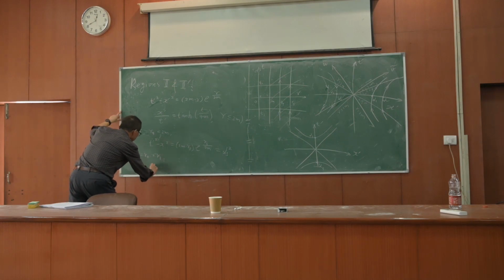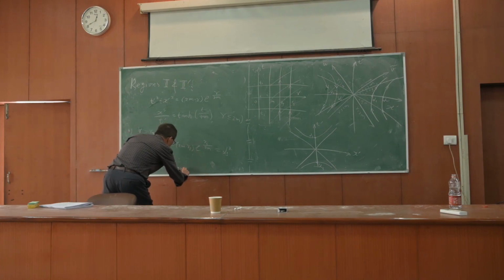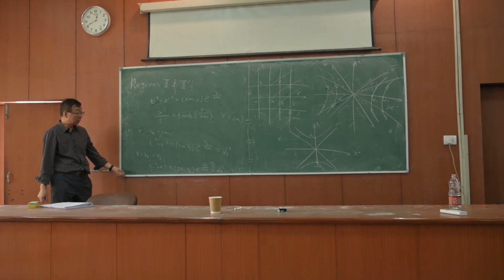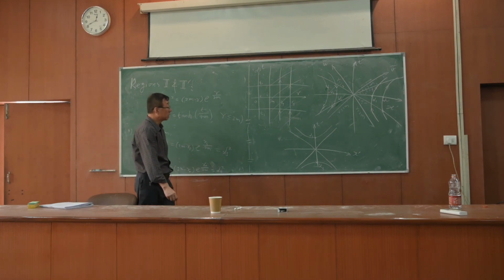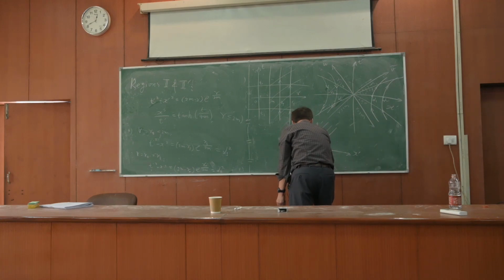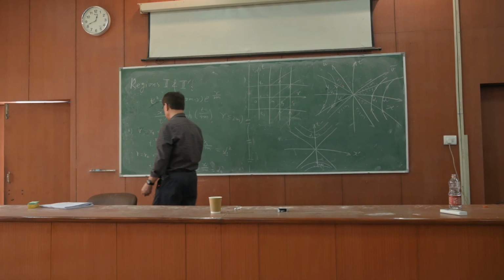T prime squared minus x prime squared equal to 2M minus R4 e to the R4. So I have this one, then this will be R4 here. This will be minus R4. Okay? So what's happening?